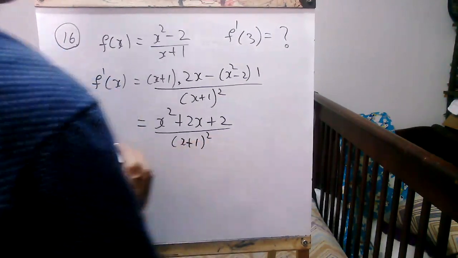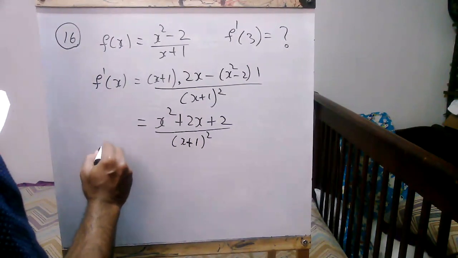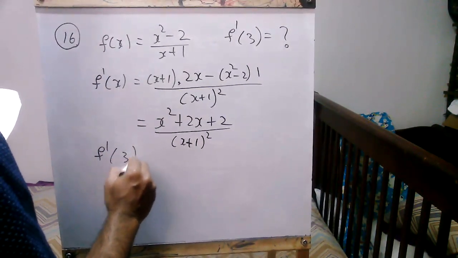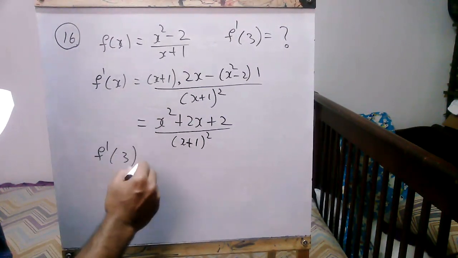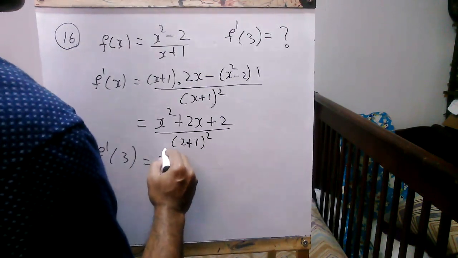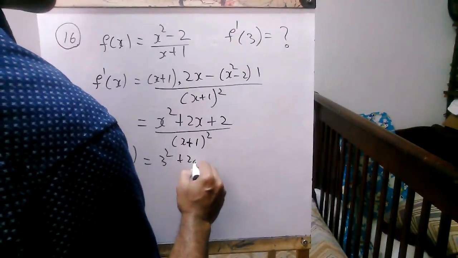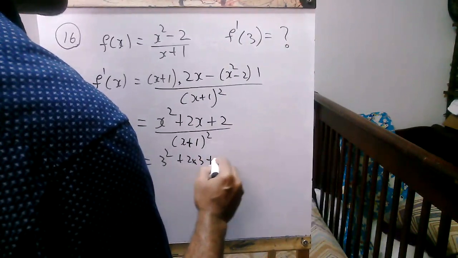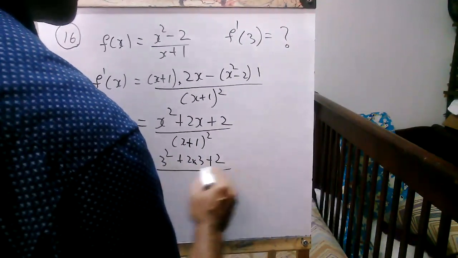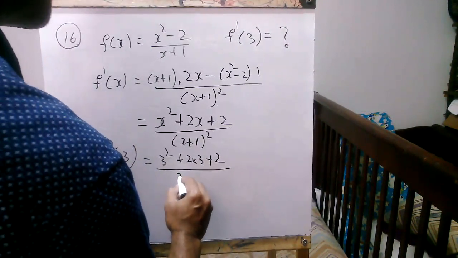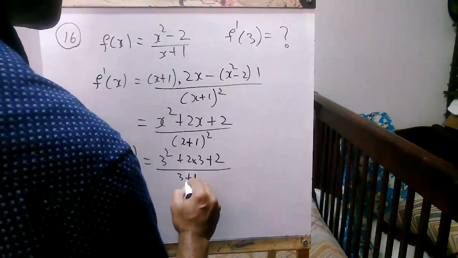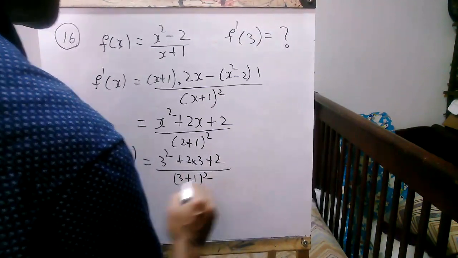squared. Now we can substitute x equal to 3 in f dash, so f dash 3 equal to 3 squared plus 2 times 3 plus 2 divided by 3 plus 1, whole thing squared.